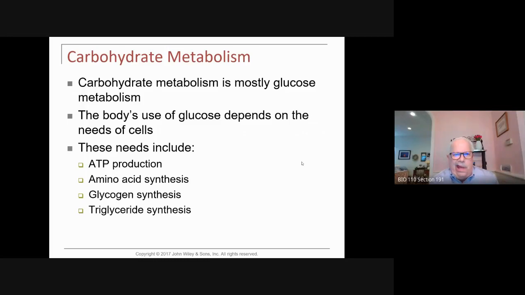What does the cell need? Does the cell need to produce energy as ATP? Does it need to synthesize amino acids? Does it need to synthesize glycogen? And does it need to synthesize triglycerides? So carbohydrate metabolism is mostly metabolism of glucose.